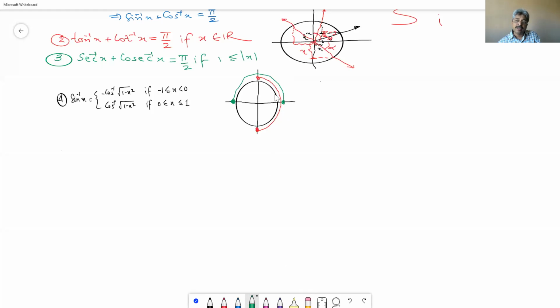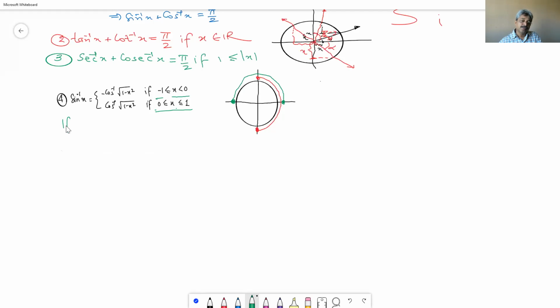Therefore, when the terminal ray is in the first quadrant, we are safe, and being in the first quadrant means the value of x is between 0 to 1. Okay, so this is the easy and safe case, when the value of x is between 0 to 1. So let us do that first.